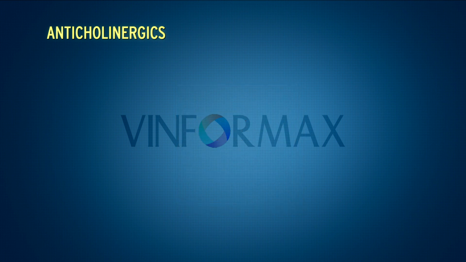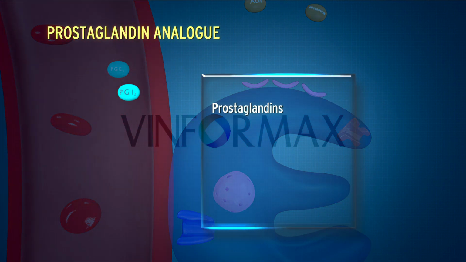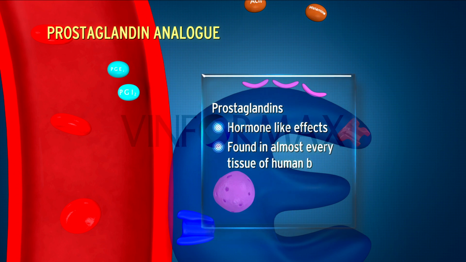Next, let us talk about the last category falling under the reduction of gastric acid secretion. Prostaglandin analog. Prostaglandins are lipid compounds having hormone-like effects. Prostaglandins have been found in almost every tissue of the human body.